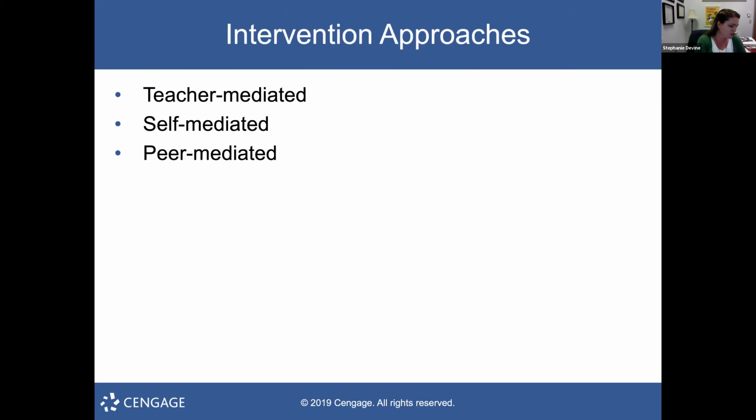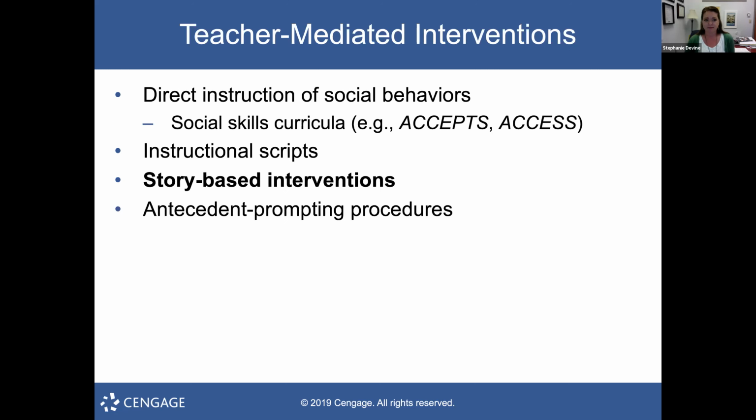All right, so the intervention approaches, as I mentioned, and that we'll kind of review here in the chapter, are teacher-mediated, self-mediated, or peer-mediated. And research supports the use of these in isolation, but really it emphasizes the multi-component approach. So using a mix of these or all three can be very, very effective. But let's start with some teacher-mediated interventions.